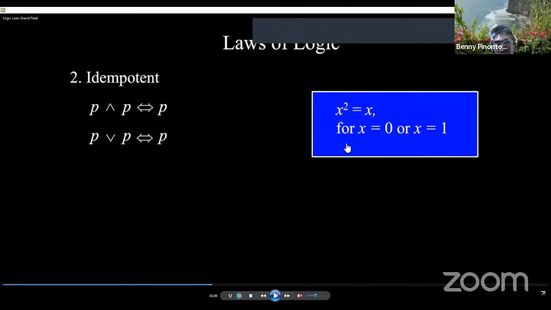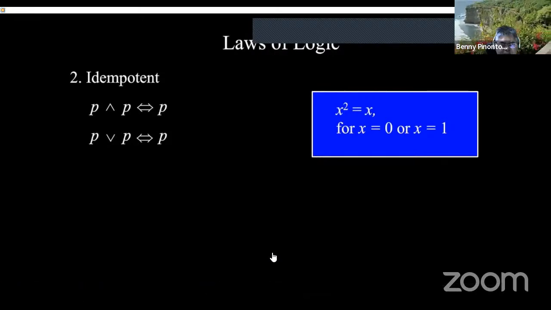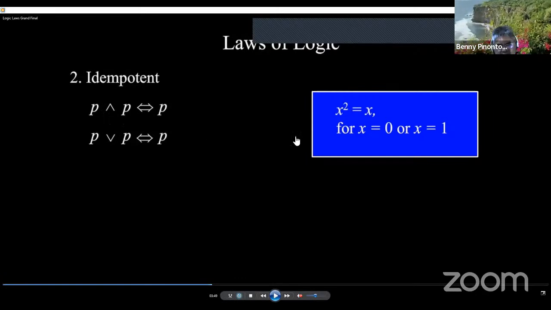You can compare this with x squared. x squared equal to x, that is only true if x is 0 or x is 1. So for n, whatever number you put there, it's just going to be the same.